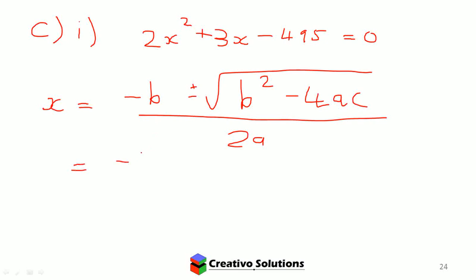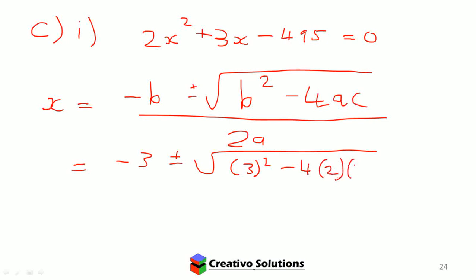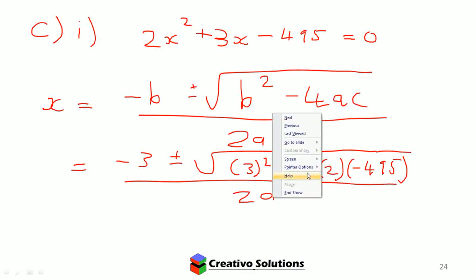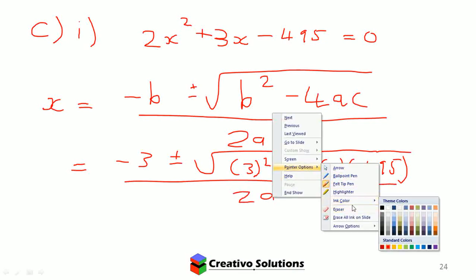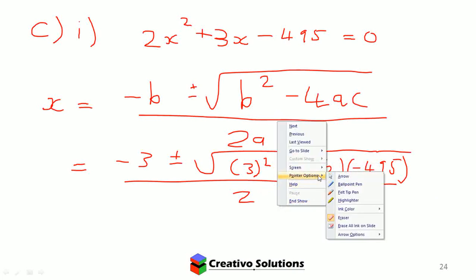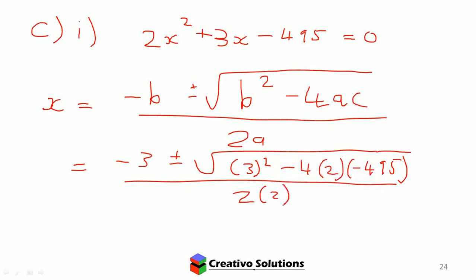My b value is 3, so x equals minus 3 plus or minus the square root of 3 squared minus 4a, where a is 2 and c is minus 495, divided by 2a, which is 2 times 2. I'm going to simplify, so I'm going to grab the calculator and solve for that square root. Let's see what we get.